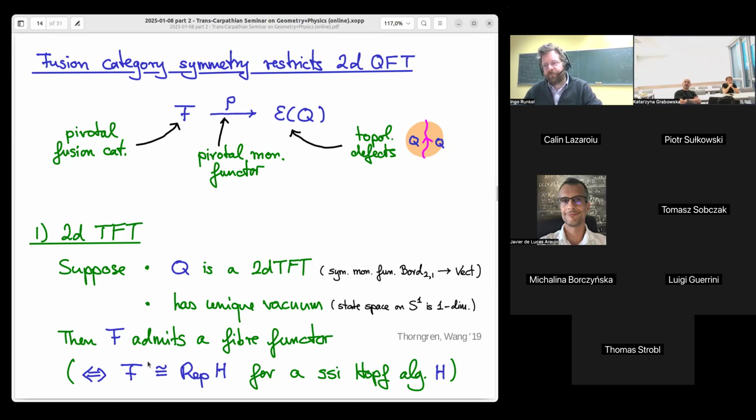Explicitly, it means that they're given by representations of some Hopf algebra. For example, they could be given by representations of a finite group. But the category we saw in the Ising model does not admit a fiber functor. So this category with 1, s, and d squared is 1 plus s cannot be the symmetry of a 2D TFT with a unique vacuum.